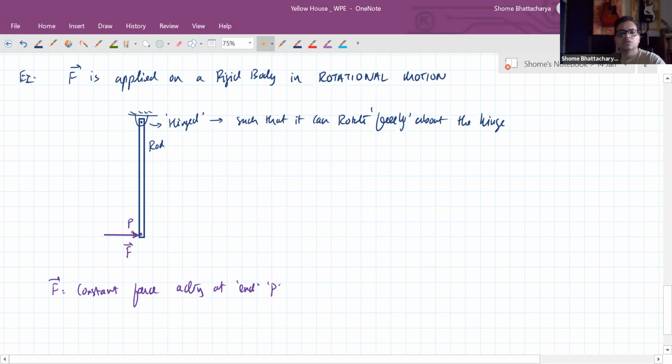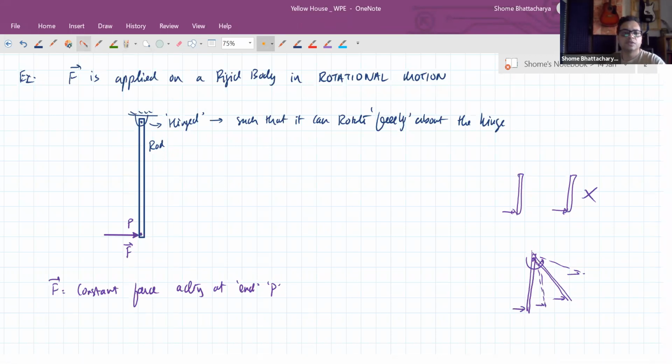Okay. So now what will happen is, as a result of the application of this force, instead of the rod moving like this, this is not going to happen. Instead, what is going to happen? The rod is going to rotate about this, like this. Okay. So even as you are applying the force, the rod will be in this sort of motion.